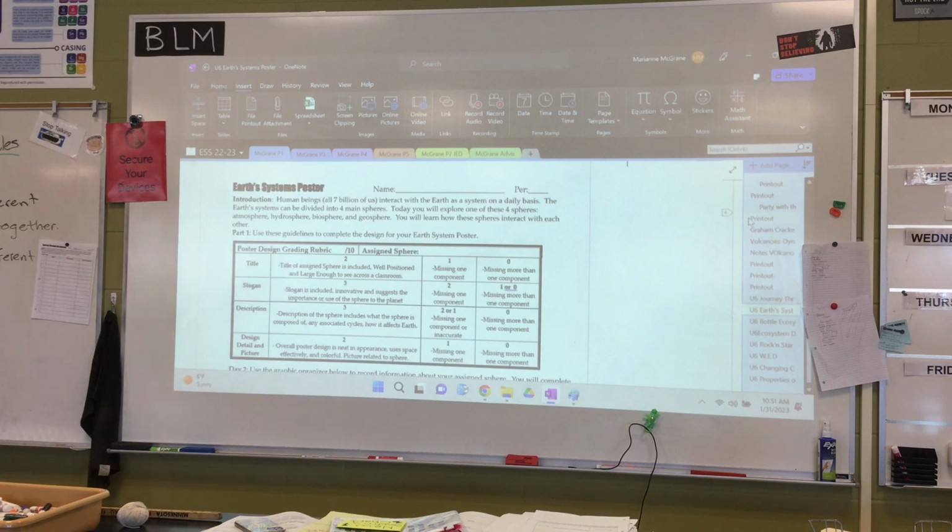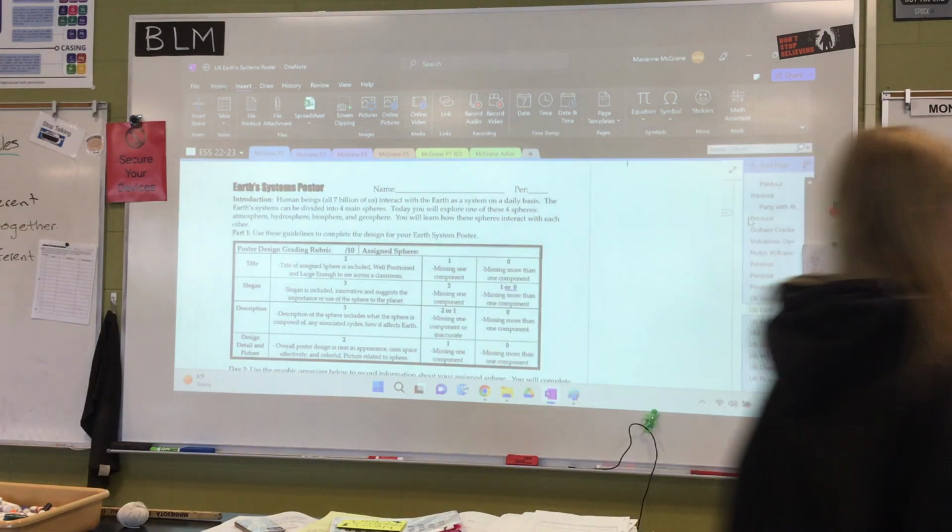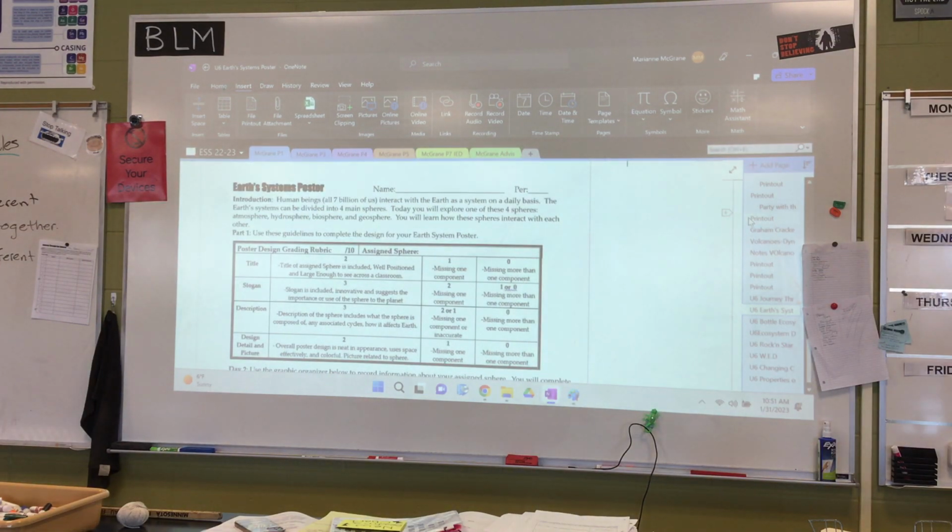Make sure that phone stays in your pocket. Please use your Chromebooks and textbooks. I'm missing people at number 6. I'm missing people at number 5. You guys are at 5.